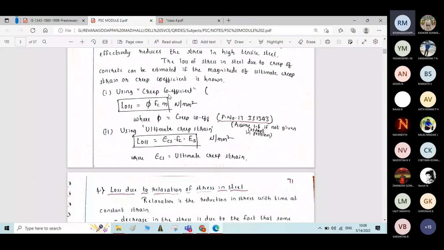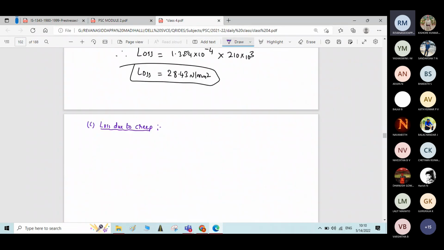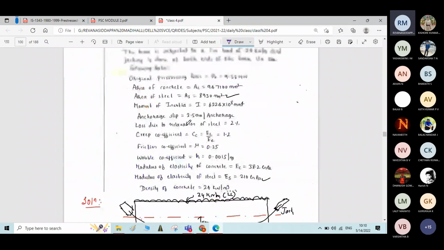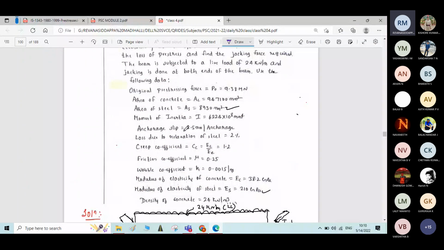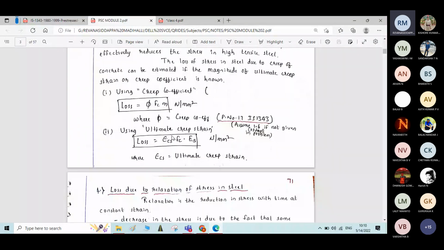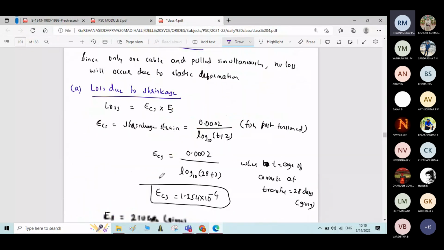When creep coefficient is given, there is a formula to calculate the loss, and when ultimate creep strain is given, using this epsilon CS, FC, and ES, we will calculate the loss due to creep. Okay. So in this problem, the creep coefficient is given, correct? How much is it given? It is 1.2. So using creep coefficient, what is the formula? Pi into FC into M. Let me take that formula.